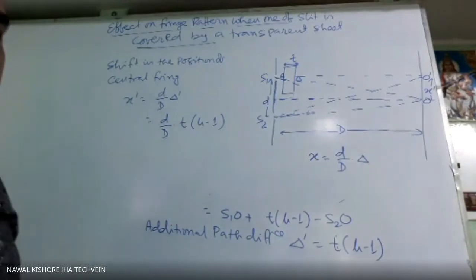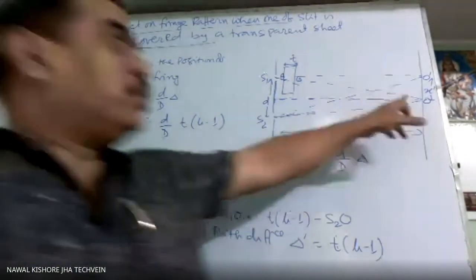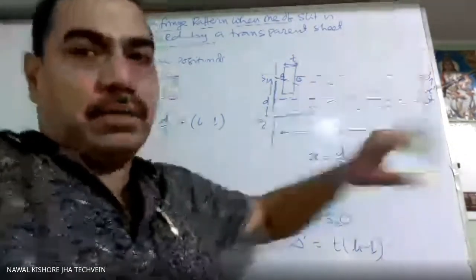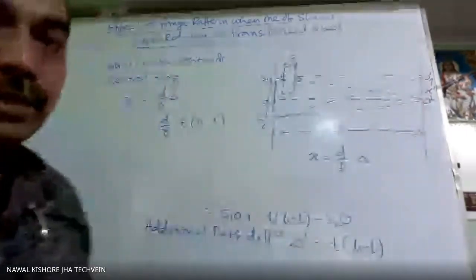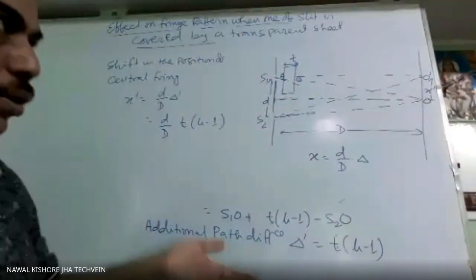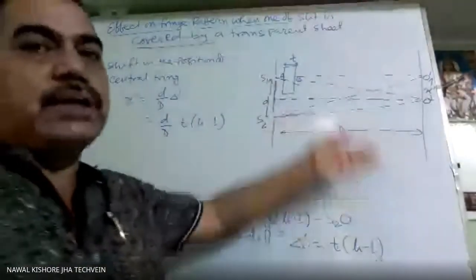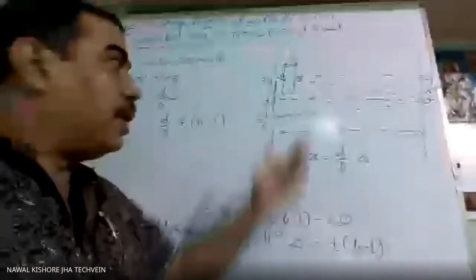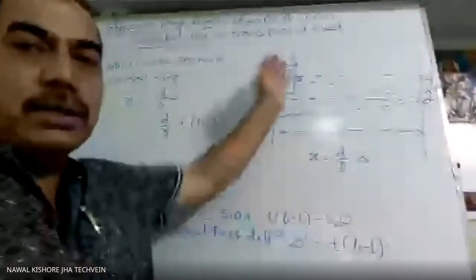Now you will be given, suppose this coincides with third dark or fourth bright, like that. If it coincides with the nth bright, this type of question is asked. Suppose it coincides with third bright, then what is the value of mu, or the thickness of the sheet?